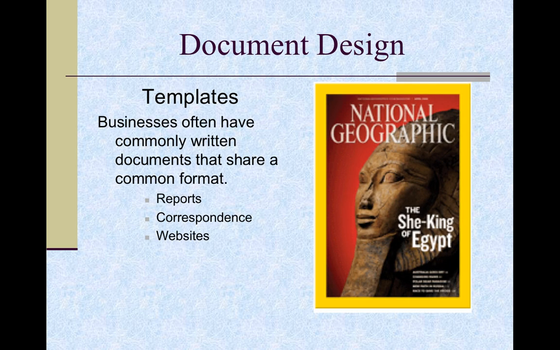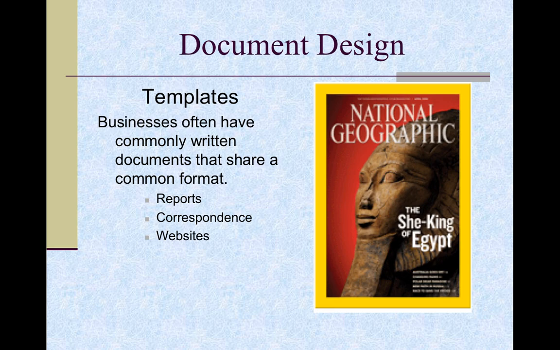As I mentioned a few minutes ago, businesses often have commonly written documents that share a common format. Microsoft Word provides writers with templates, but I want to show you how some very popular sources of information have produced or created an image that is associated with their written documents.